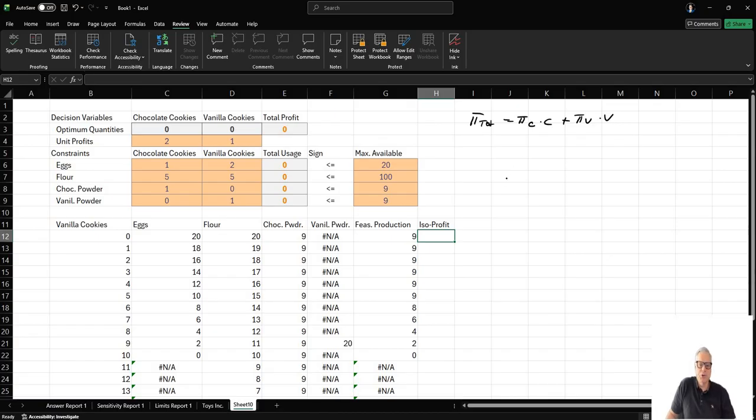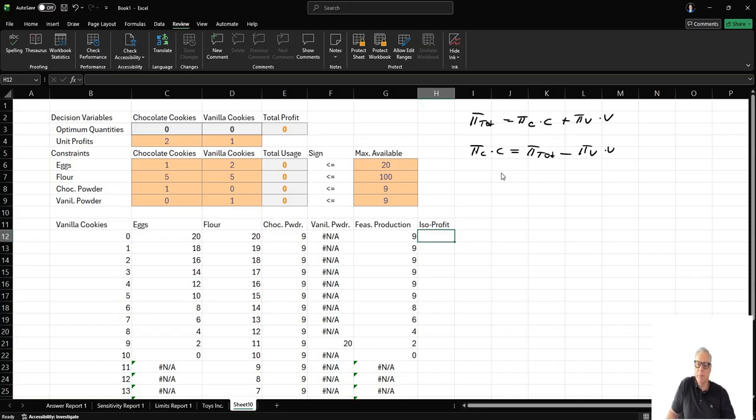Now, because we want to have the chocolate cookies on the y-axis, we have to solve for chocolate cookies. So that is unit profit chocolate times chocolate equals total profit minus unit profit vanilla times vanilla.